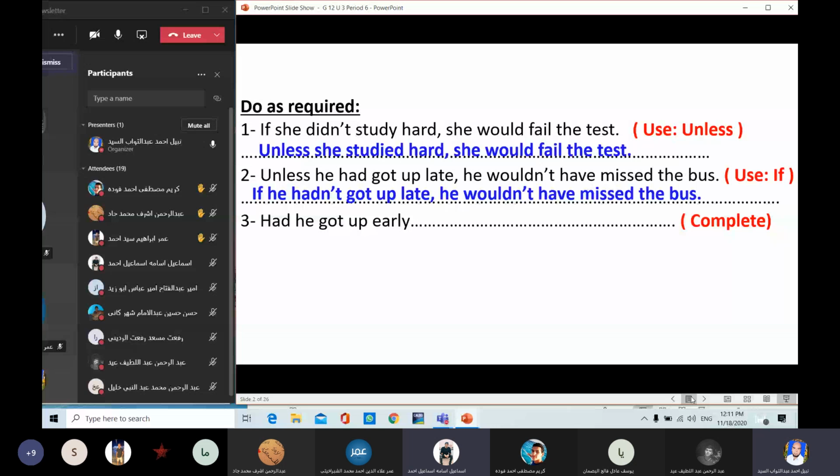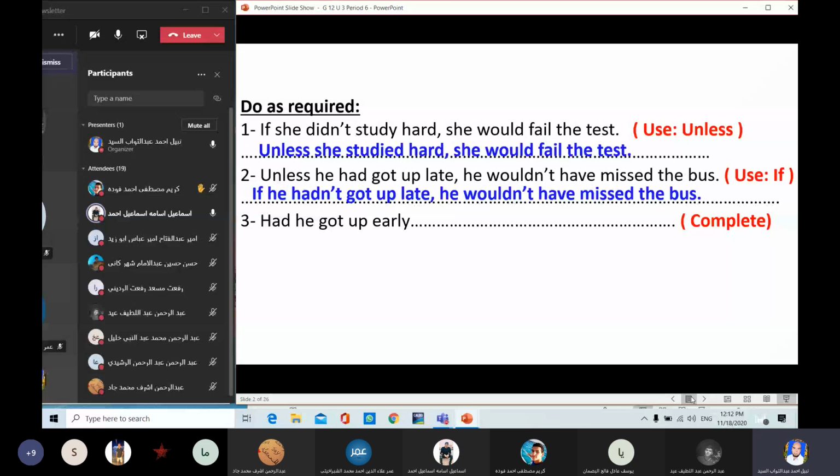You can look at the second exercise, exercise 2. You can get the same idea. Had he got up early, here, if he hadn't got up late, he wouldn't have missed the bus. Had he got up early, he would have arrived at work.